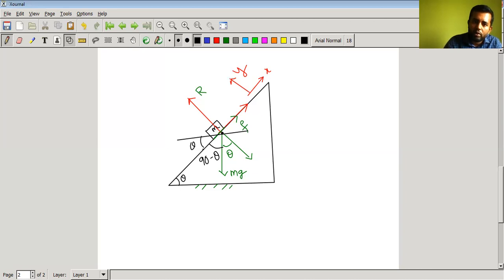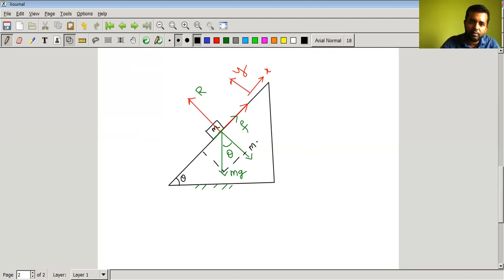Now we all know that this line and this green line should be perpendicular, so the total angle between them should be 90. So this must be theta. Is it okay? So it's easy to figure out. Now once we did that, let us just remove this, and now if I drop a perpendicular here, and if I drop a perpendicular here, you can figure it out.